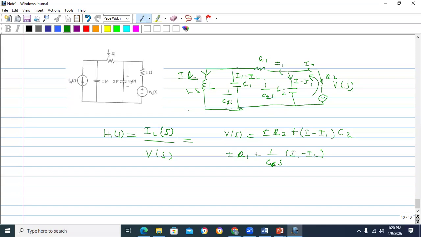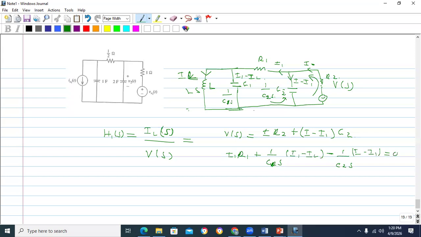And I'm going in this direction, the current I minus I1 is flowing in this direction, so it will be minus 1 over C2S times (I minus I1). This is equal to 0.